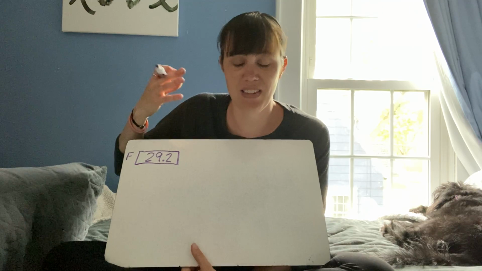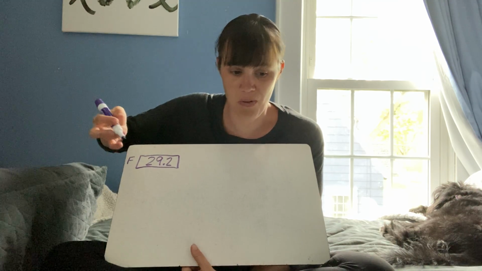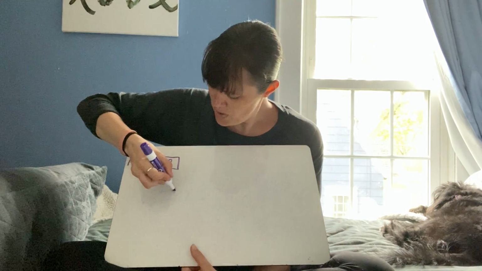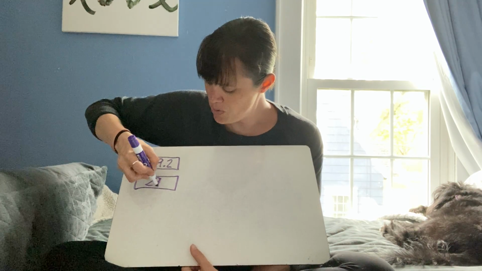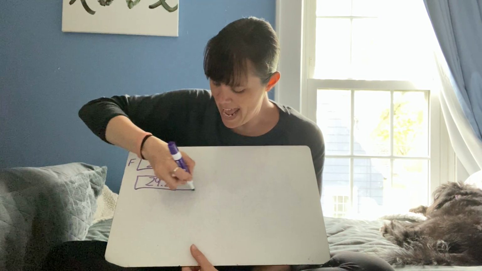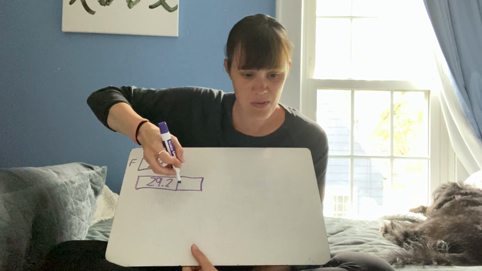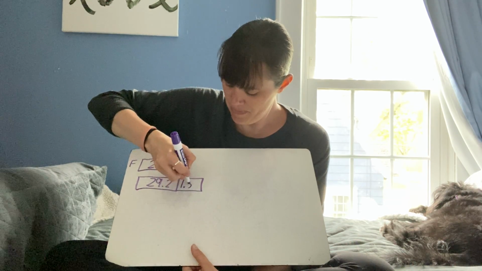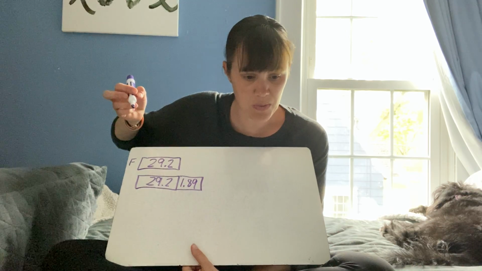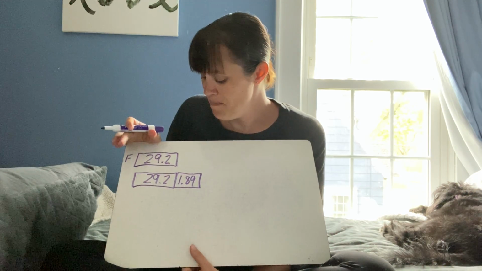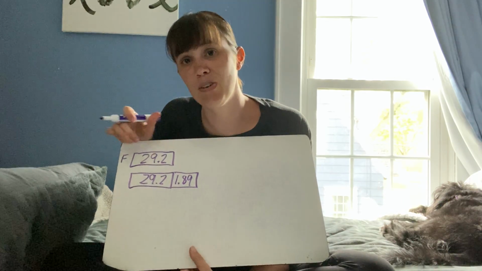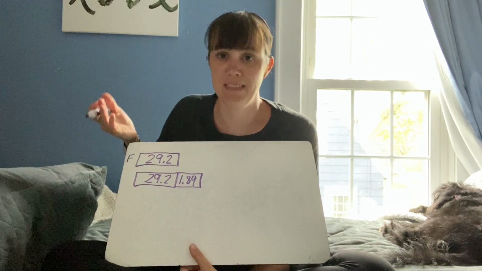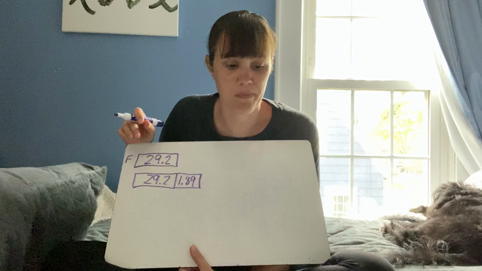And that was the hard part to figure out, is that you have to take this 29.2 time and add 1.89 seconds. Because they're slower, so it's a greater time. I know, right? It's confusing.